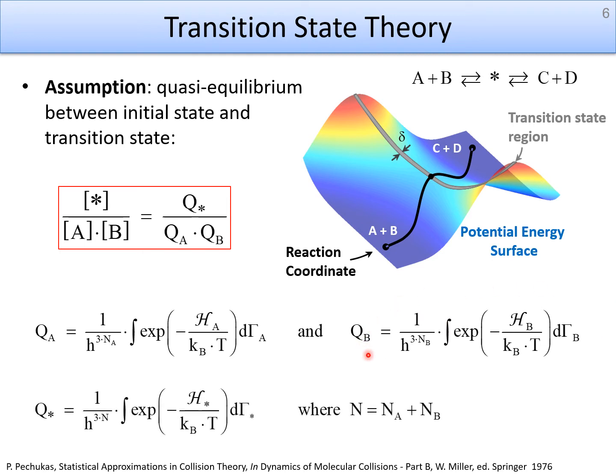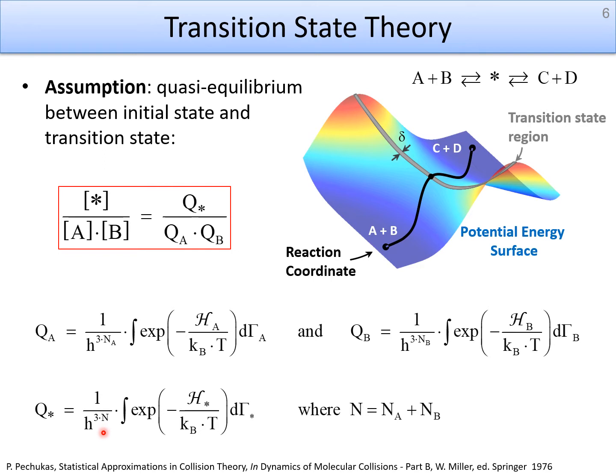Now what about the transition state? In the transition state, the atoms of A and the atoms of B are close to each other and they're actually interacting. So in the transition state, we write a similar equation which pertains to all the atoms of the reactant molecule and the product molecule.